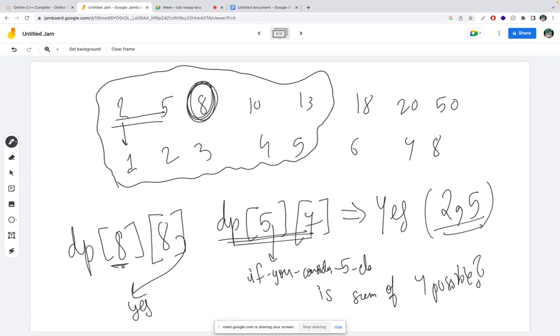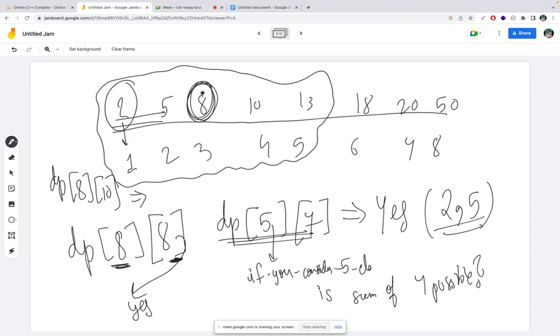What is the meaning of DP of 8? It means consider the first 8 elements, right? And the second 8 means try to find a subset with sum 8, right? So if the question was DP of 8 of 10, what would you say? And there is one more way, 2 and 8 also, right?